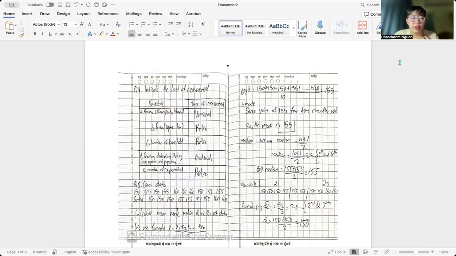Moving on to question 4. It is about the level of measurement. In statistics, there are 4 main levels of measurement: nominal, ordinal, interval, and ratio. This problem asks us to classify different variables into their respective levels of measurement, as it helps us better understand the nature of the data and how it can be used.